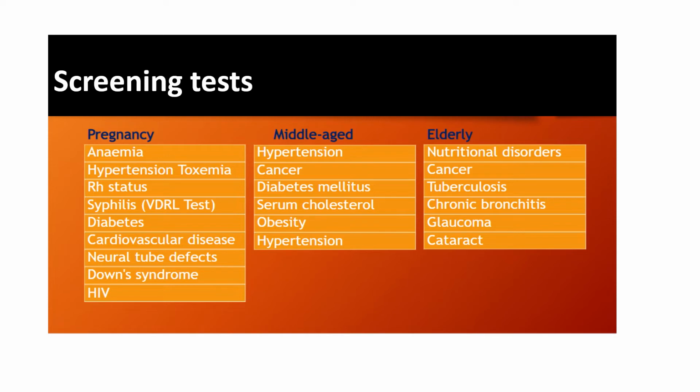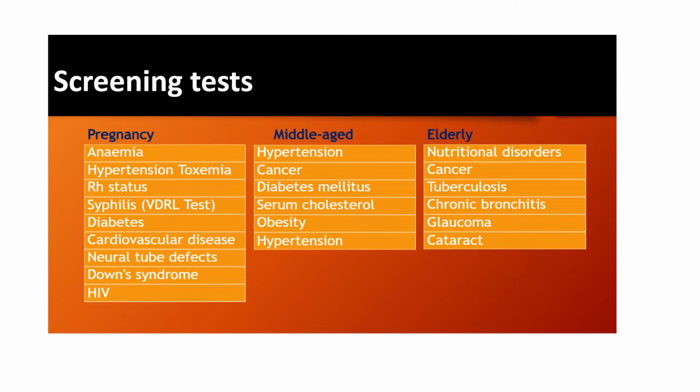So here are some examples of screening tests. In pregnancy, we screen for anemia, hypertension, that is pregnancy-induced hypertension, preeclampsia, toxemia, Rh status, syphilis through VDRL testing, diabetes, that is to check for gestational diabetes, cardiovascular diseases, neural tube defects, Down syndrome, HIV.